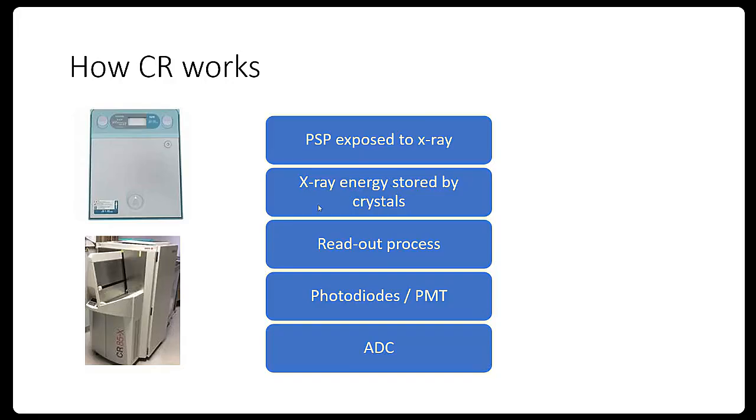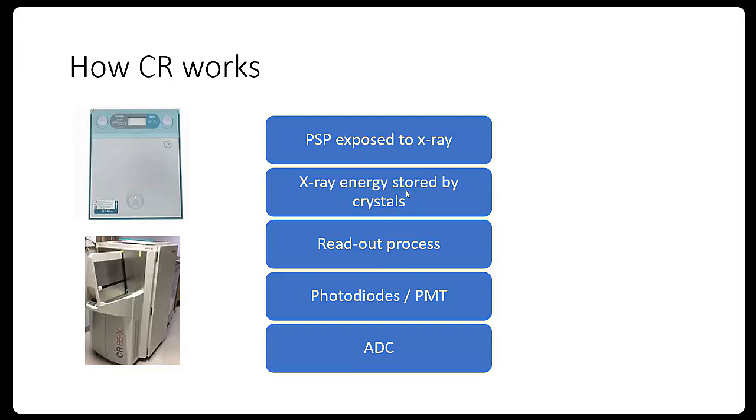In the readout process, when we give the focused laser light over the PSP plate, the electrons which had jumped into the higher energy level will fall back to their original state, which results in the emission of light in the process.